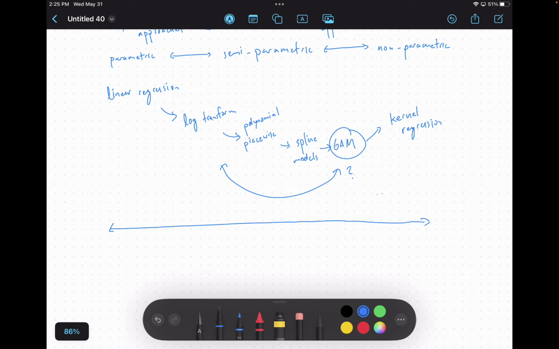So what is the big strength of a parametric model? Where you have parameters that... Interpretability. Yes, interpretability, perfect. And on the other end of the spectrum, where we don't have that ability, yes, prediction, right.